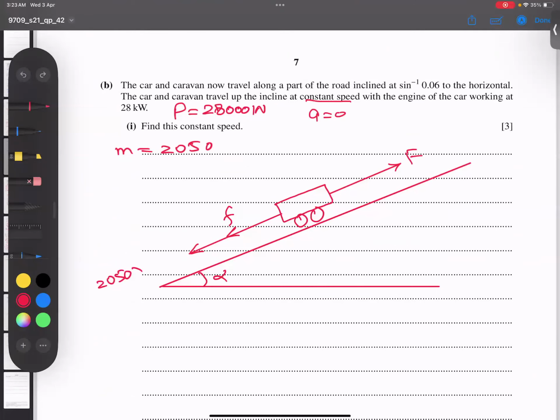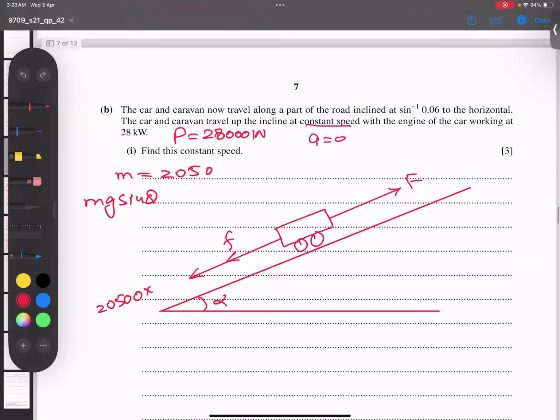What is the weight component? Mg sine theta, all of you are familiar with this already. So I put gravity as 10 and sine alpha. The sine alpha value is given here: alpha is equal to sine inverse of 0.06.